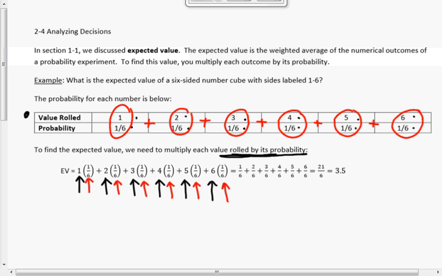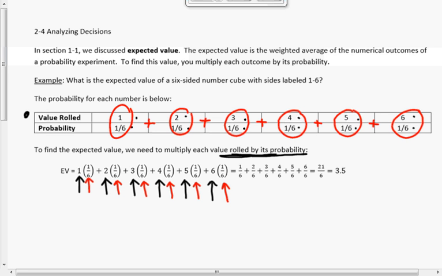Well, 1 times 1/6 is 1/6. You see it here. And 2 times 1/6 is 2/6. And notice I'm not reducing these because I have to add them all together. You've got the same denominator already. All of these denominators are 6. If I were to start reducing, like 2/6 is actually 1/3, then I've got to work on getting it back to common denominators, and that just doesn't make sense.